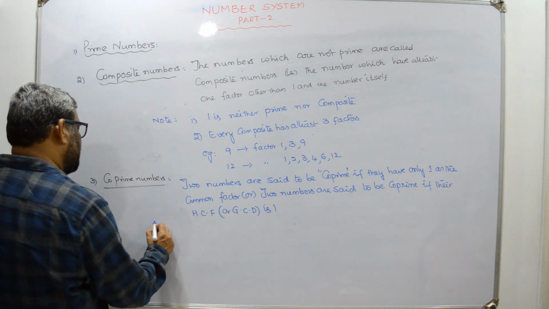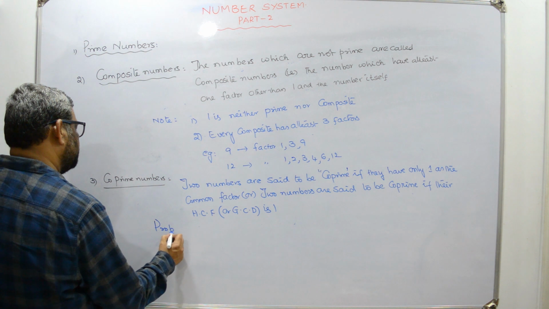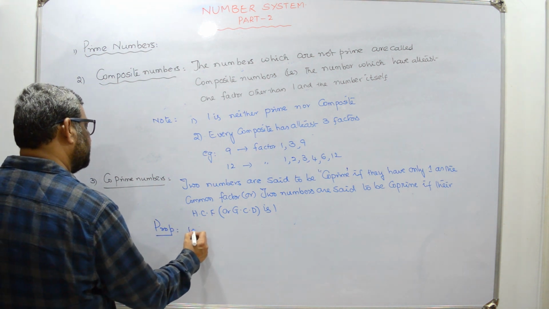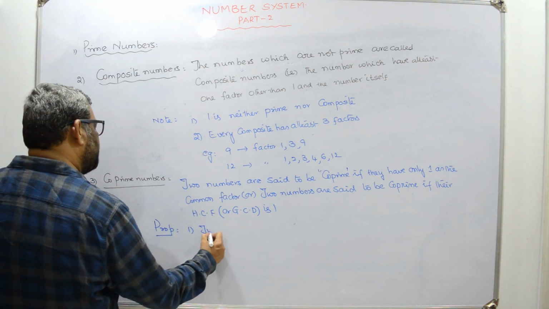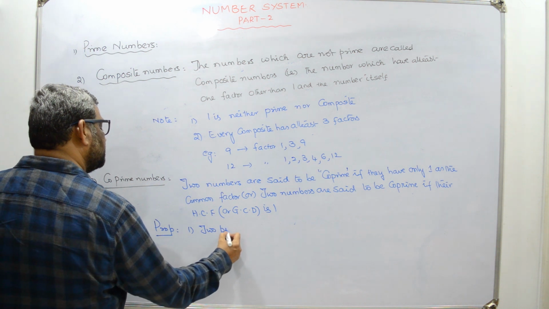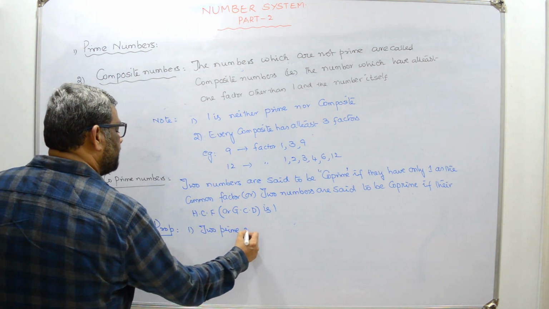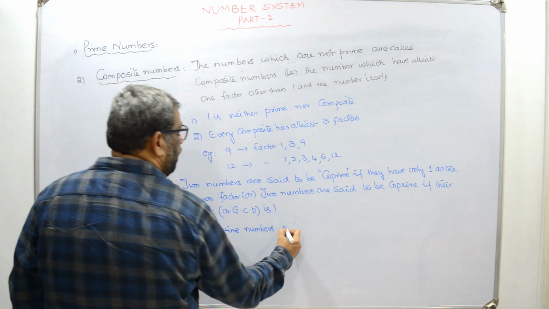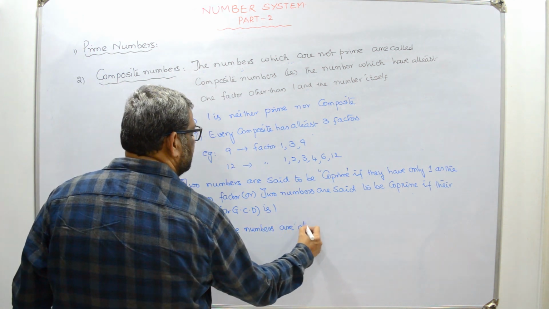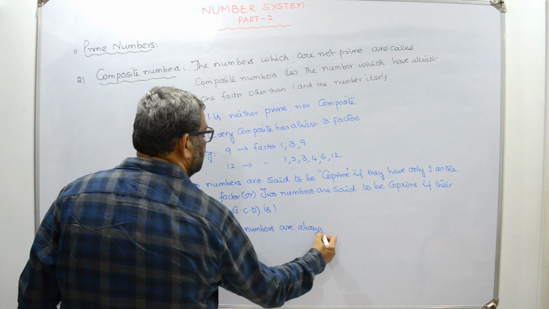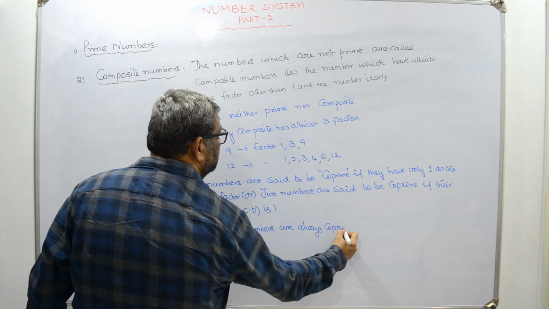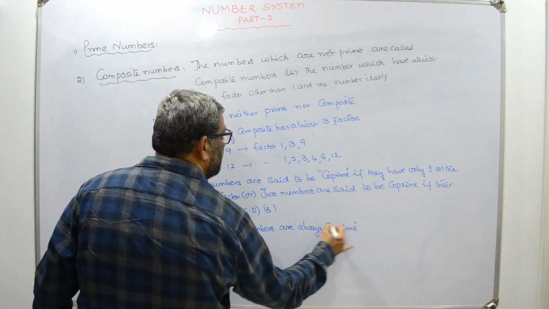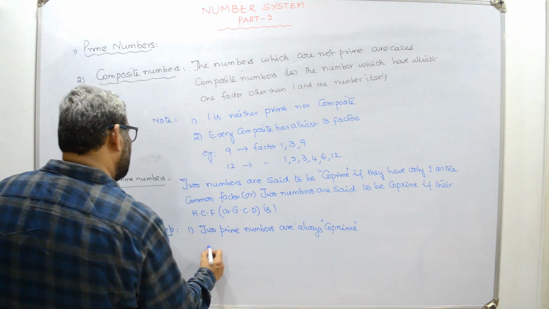Let us write some properties here. Number 1: two prime numbers are always co-prime.